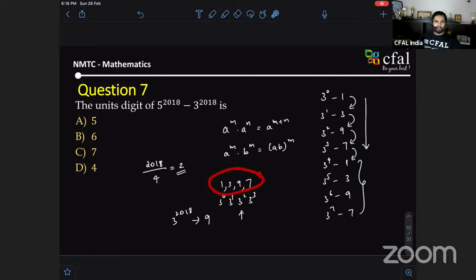We are getting only 4 numbers at the units digit at the end: 1, 3, 9, and 7, right? Now, can you see that 3 power 0, 3 power 4, and next 3 power 8 all end with 1? What are these numbers? 0, 4, 8, 12, 16.